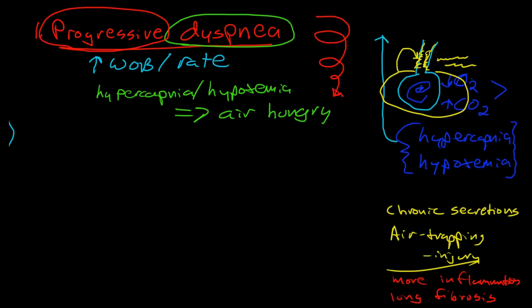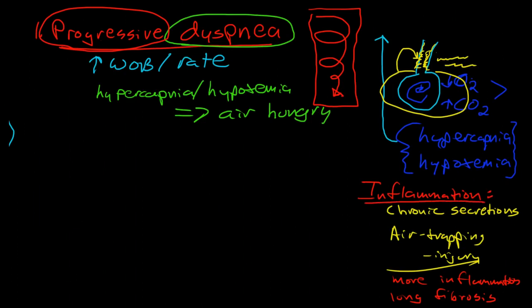So how do we prevent this? How do we slow this downward spiral? We actually haven't figured out how to reverse it, but we can slow it, and the way to slow it is to stop the inflammation. It's inflammation that is driving this downward spiral. The treatment we use to try to stop the inflammation is steroids, and this is only partially effective and tends to affect symptoms more than the progression of the disease.